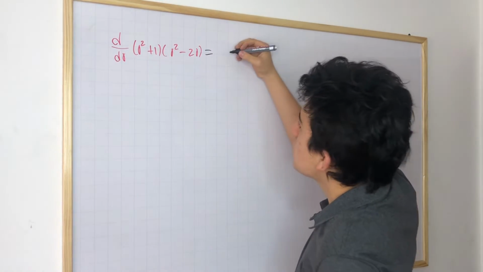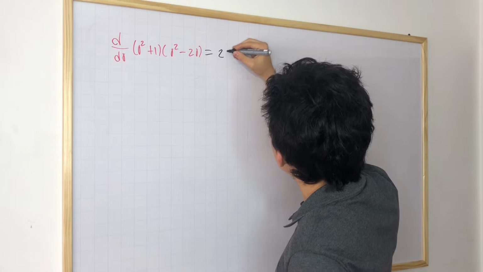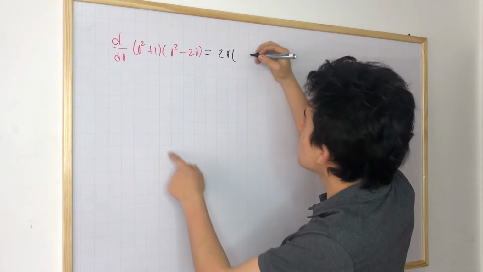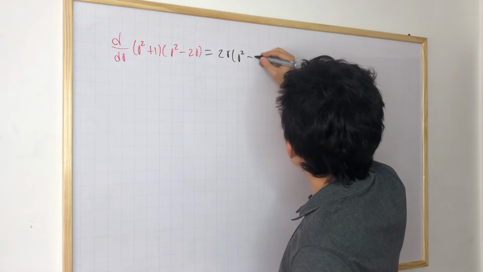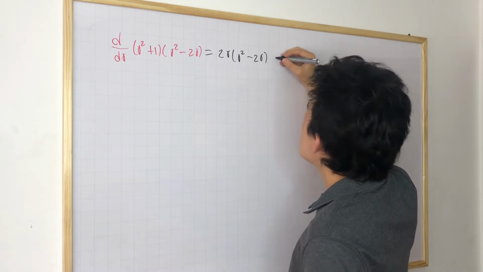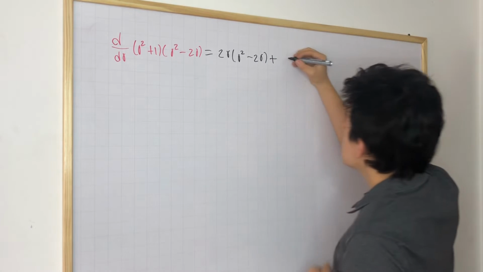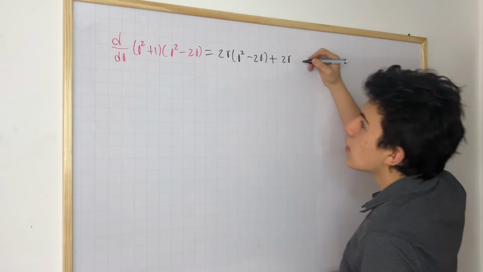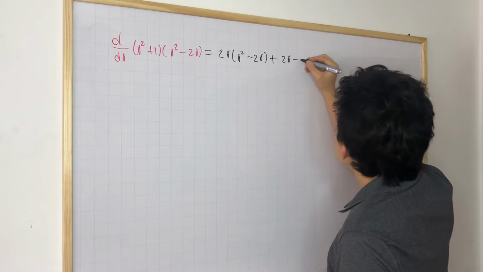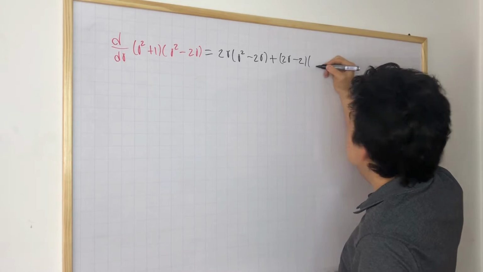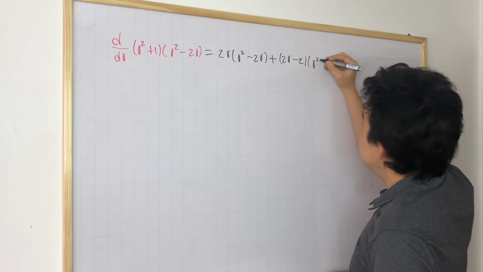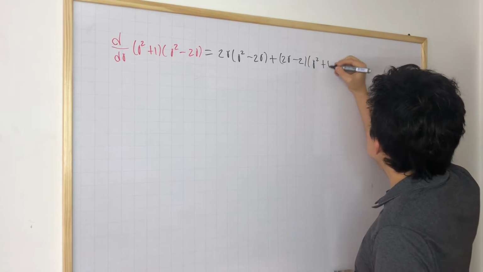So the derivative of the first one is just going to be 2r times the second term, r squared minus 2r, plus the derivative of the second one, which is just going to be 2r minus 2, times the first factor, so r squared plus 1.